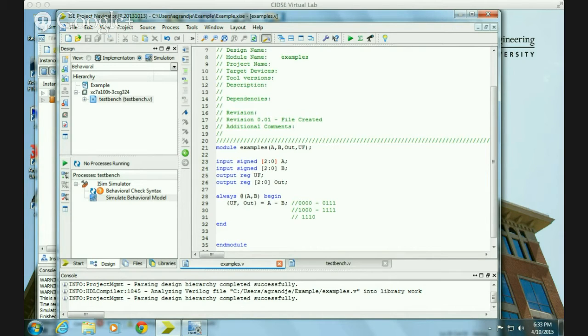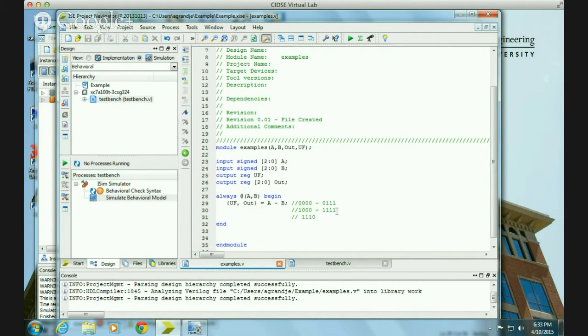Alright, so anyway, well, let's see, when I ran my 1 minus 2, that would get 15, because negative 1 would be represented by 1, 1, 1, 1.